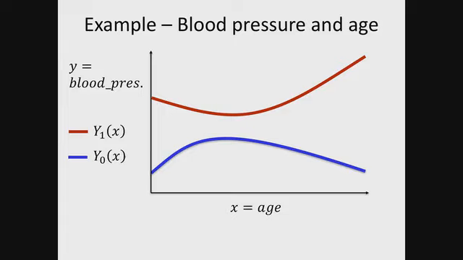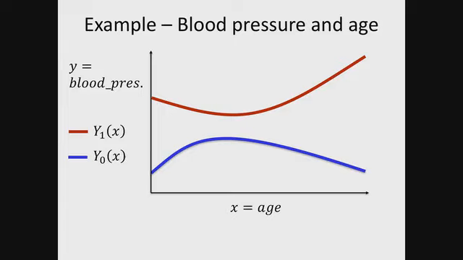For the blue curve, we see people who received the control, what I'm calling treatment 0. Their blood pressure was pretty low for the individuals who are young, and for individuals whose age is high. But for middle-aged individuals, their blood pressure on receiving treatment 0 is sort of in the higher range.